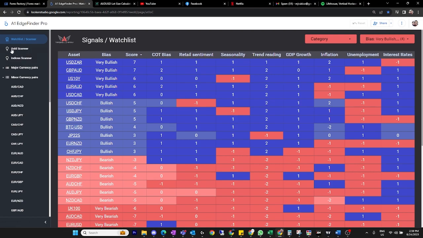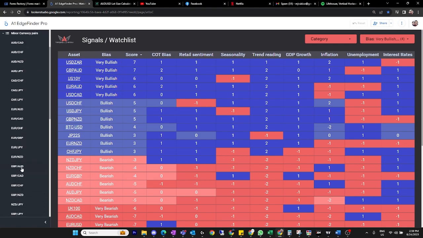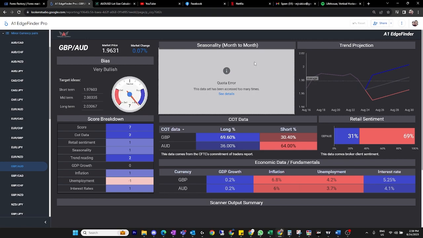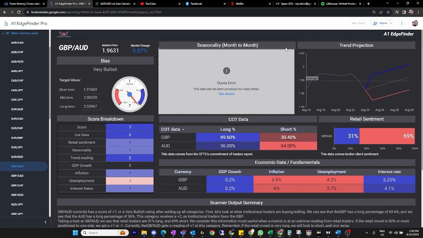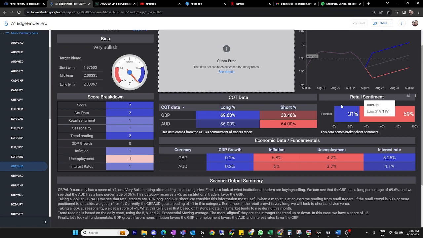So, dito sa A1 Edge Finder Pro, titingnan natin yung currency pair na yon. Okay. So, dito, kita natin yung retail sentiment ito sa part na to.